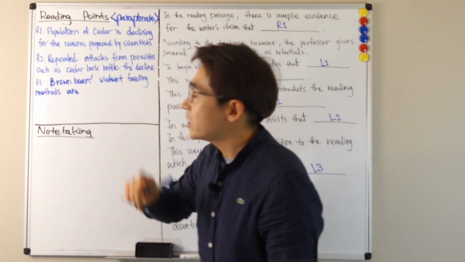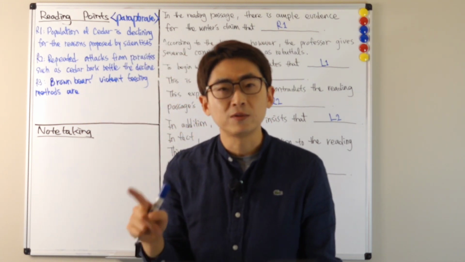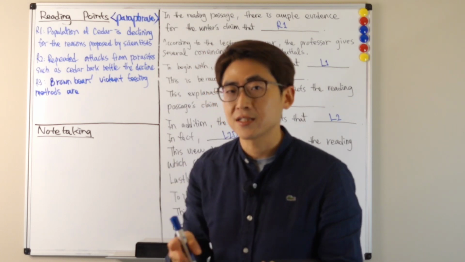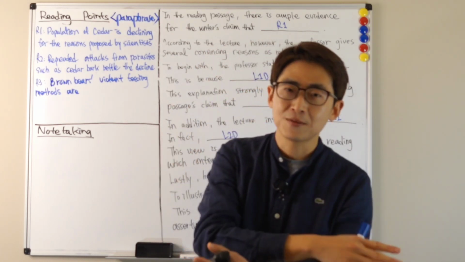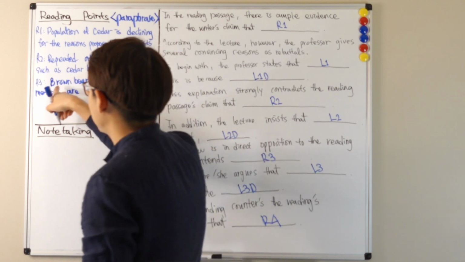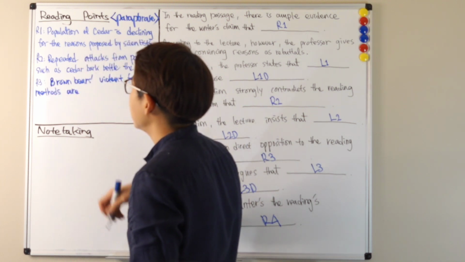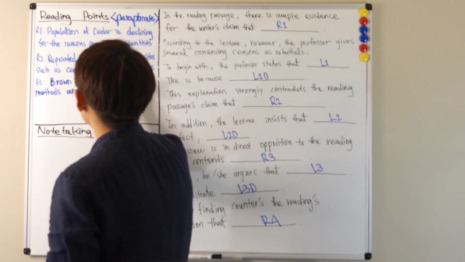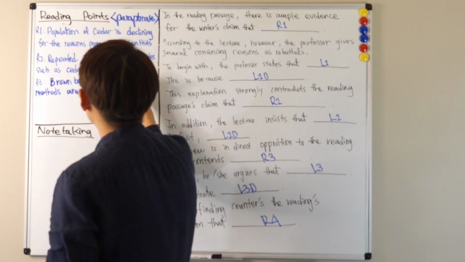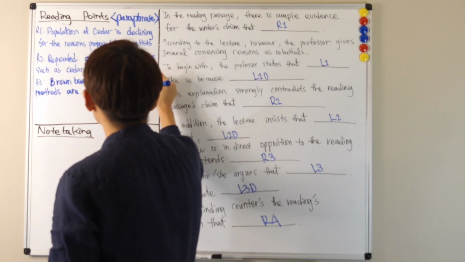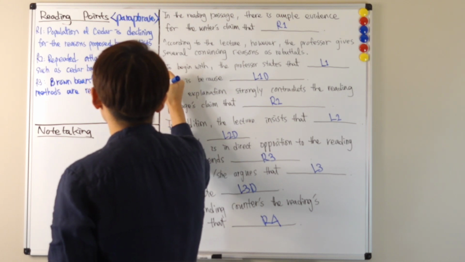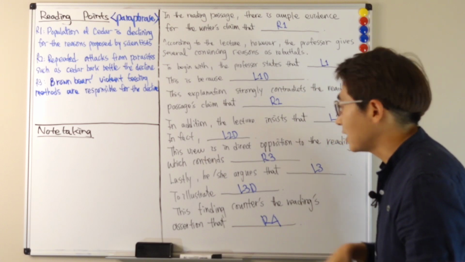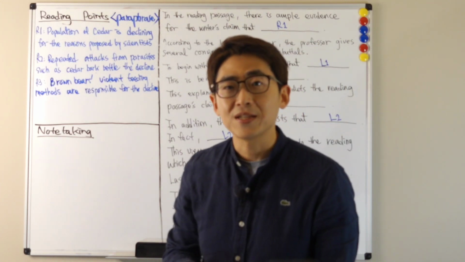So we can use be responsible for to replace the word cause by switching subject and object. So the subject is brown bears, so they are responsible for the decline. Okay, so we need the last one. So let's take a look.